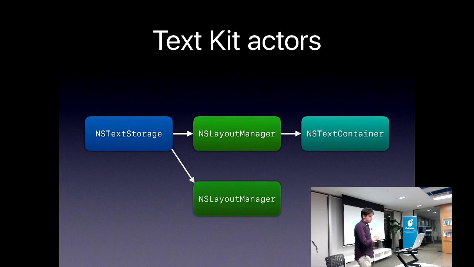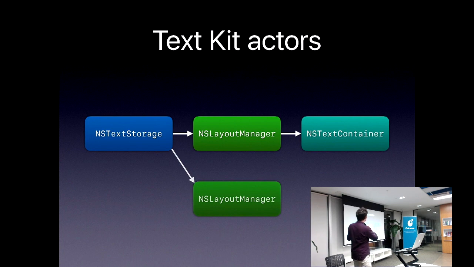As I mentioned before, UITextView can be initialized with a text container, and it basically describes a single page of content. And through back references from the text container to the layout manager and to the text storage, you can access both the layout manager and text storage it is associated with.